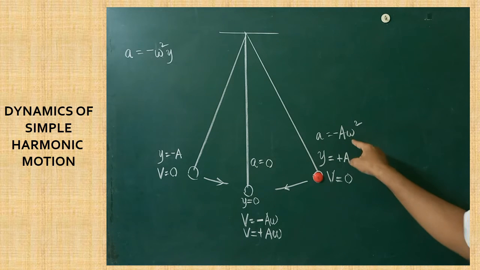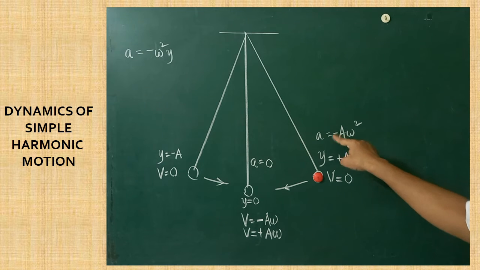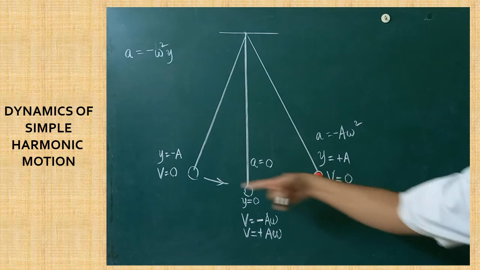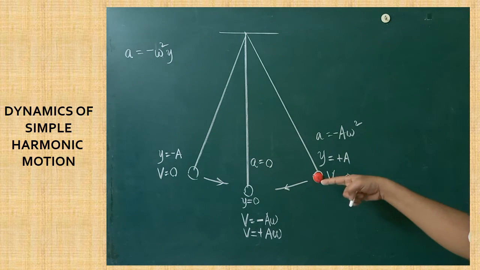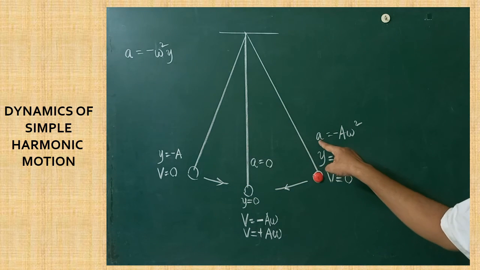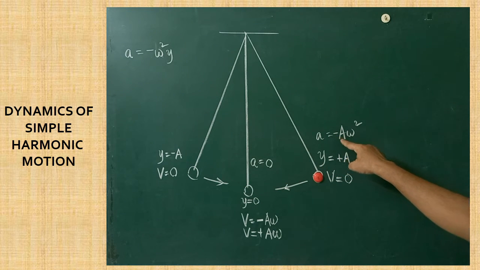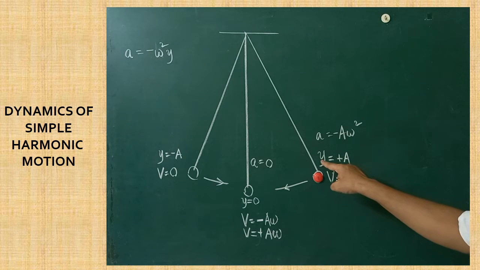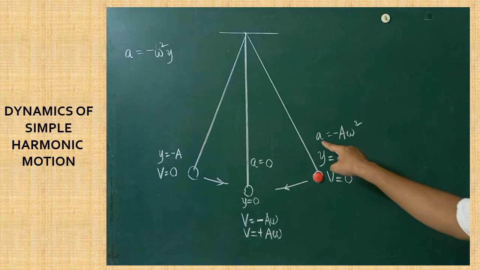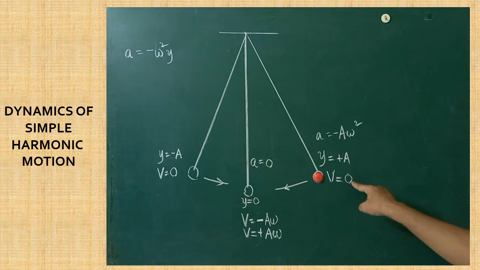It attains the maximum value. The minus sign is there because the acceleration is acting towards the negative side; the bob is being pulled in this direction. Displacement is maximum and acceleration is maximum, but velocity is 0.